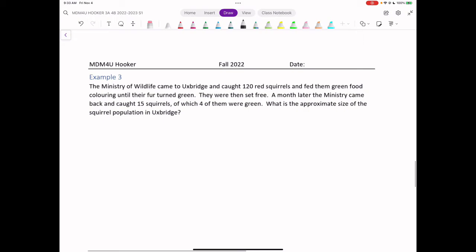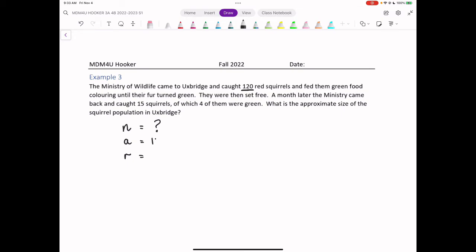All right, so here we've got to think about what we can assign to the values N, A, and R. Okay, so our N, which is our population size, we don't know. That's what we're being asked to find out. My A is the successes. So we're looking for green fur, and they caught 120 red squirrels.